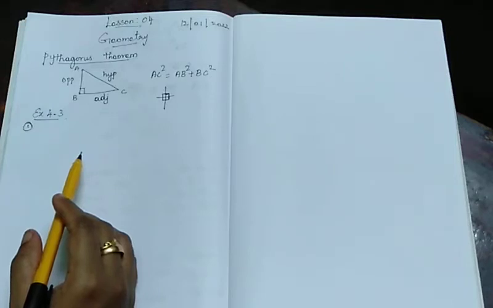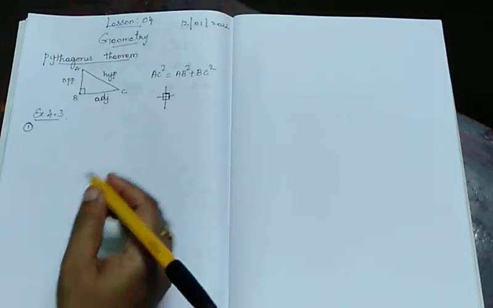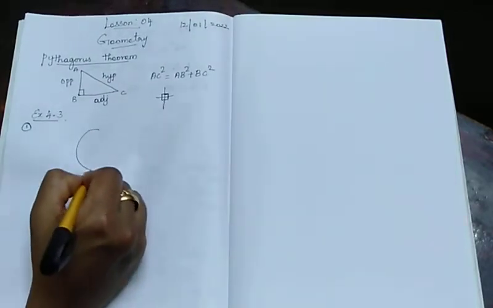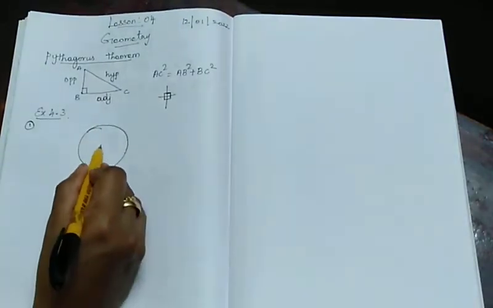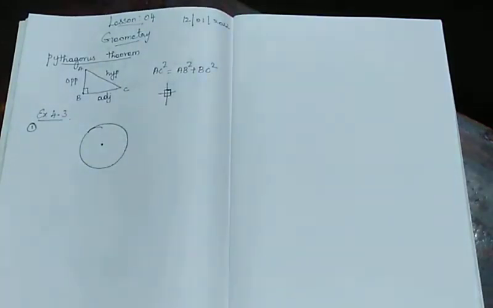The question mentions a circle, so it is based on a circle. Let's draw a picture of the circle. To draw a circle, we need a fixed point. The first thing given is the diameter of the circle. What do we mean by diameter?